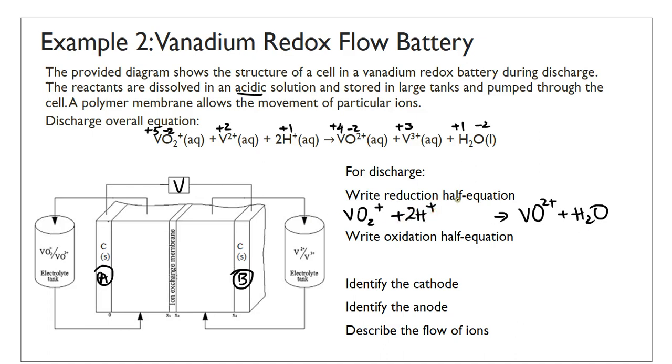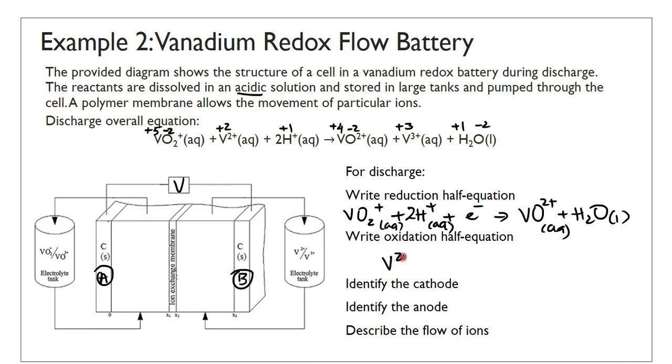Key elements already balanced. And then I'm going to need 1 electron because this side is 3 plus and that's 2 plus. Another way to know that you only need 1 electron is if you look at the change in oxidation number, it goes from positive 5 to positive 4, so that's 1 electron being added, and you only have 1 vanadium species in the reactant and product.